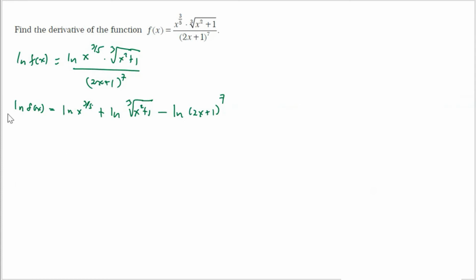So the derivative of ln of f of x is equal to 1 over f of x times the derivative of f of x, which is f prime of x. We have the derivative of this: 1 over x to the power of 3/5 times the derivative of x to the 3/5, which is 3/5 of x to the power of 3/5 minus 1, which becomes negative 2/5.